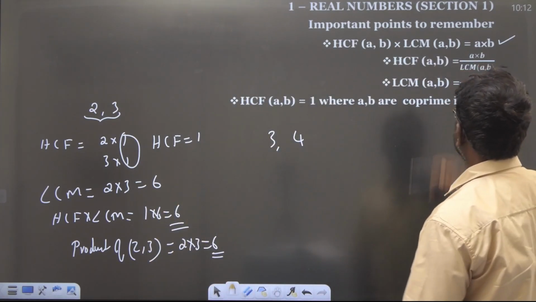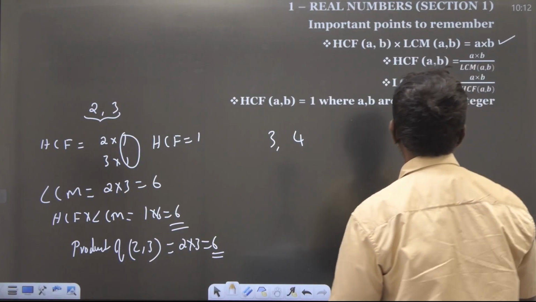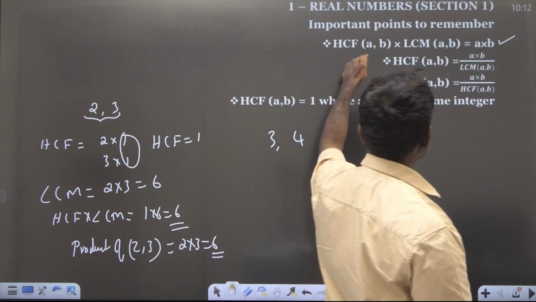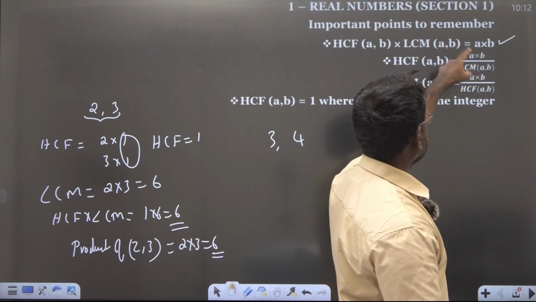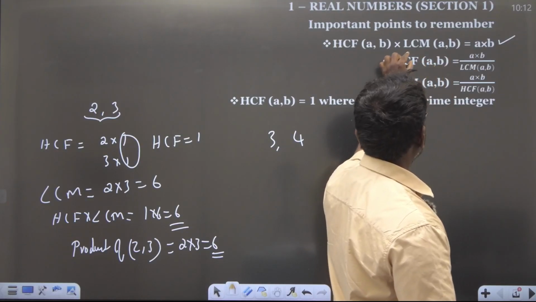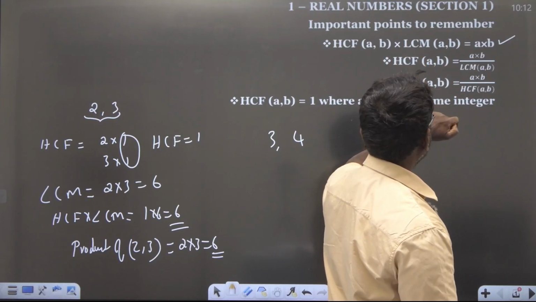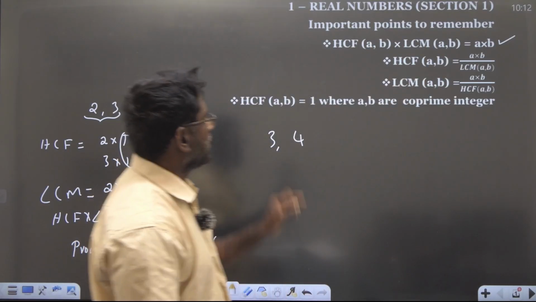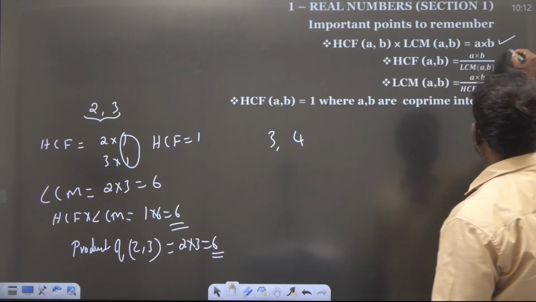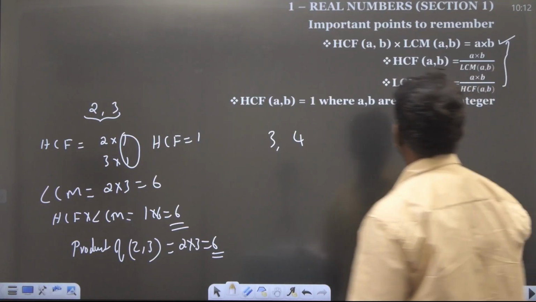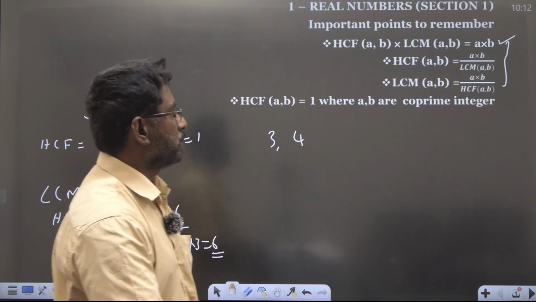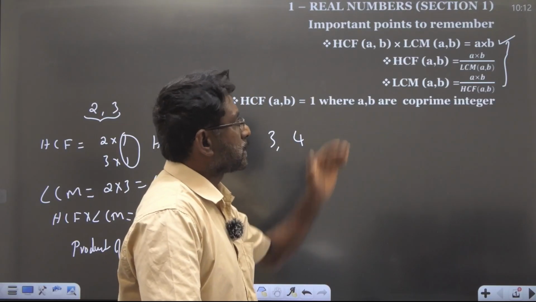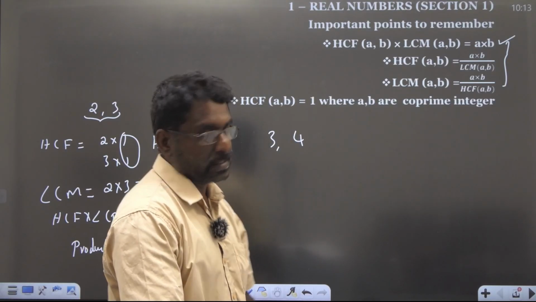HCF of A, B into LCM of A, B is equal to A into B. Taking HCF of A, B to the right hand side, HCF of A, B is equal to A into B divided by LCM of A, B. Similarly, LCM of A, B is equal to A into B divided by HCF of A, B. You have to remember these three very important formulae. You can expect questions from this section using these formulae in your CBSE examinations.